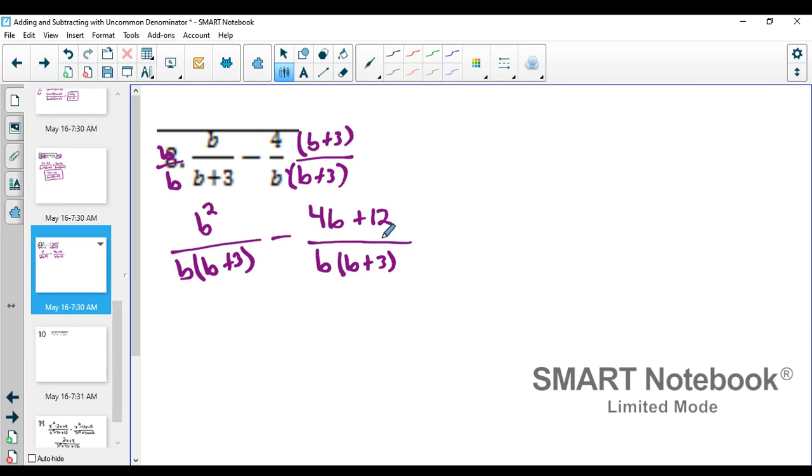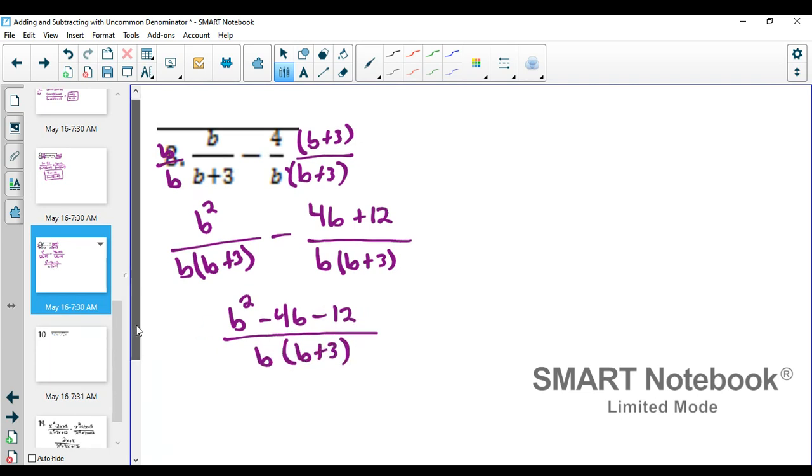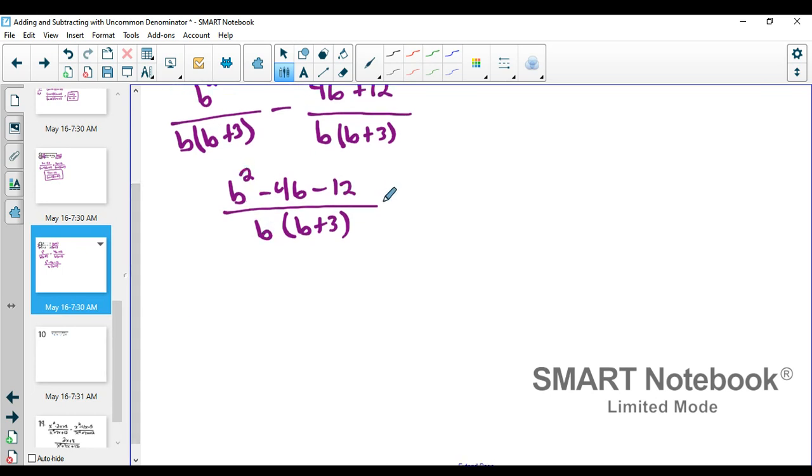All right, so now this minus applies to both of these things. So we have b squared, and then essentially 0 minus 4b. So we have negative 4b, and then 0 minus 12, which is this negative 12, all over b and b plus 3. And now everybody's favorite thing, we're going to factor the numerator. So the factors of 12 that can get us 4 are 6 and 2.